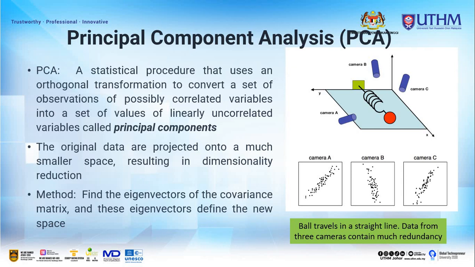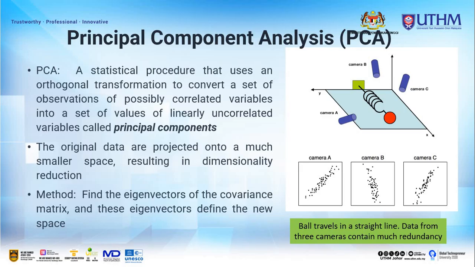Then select the top eigenvectors corresponding to the largest eigenvalues. These eigenvectors form a new axis, the principal components, in the reduced dimensional space. So it projects the original data onto these principal components.